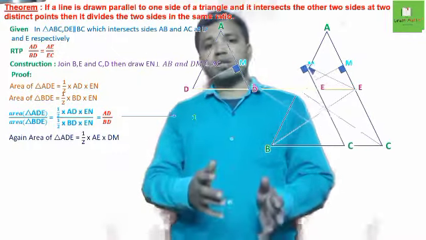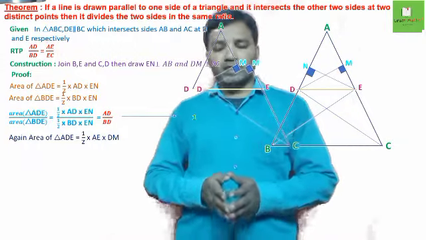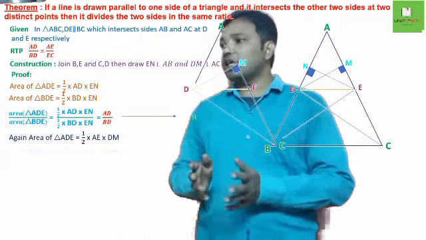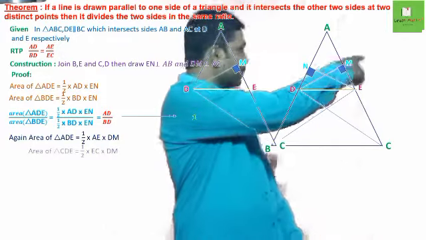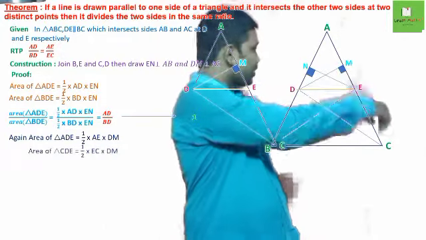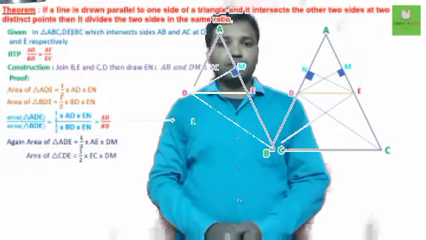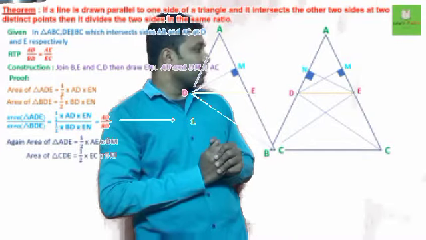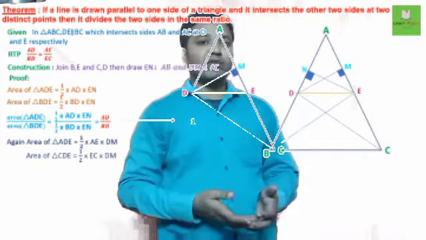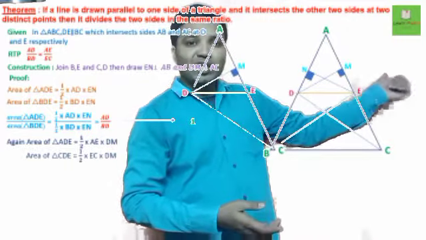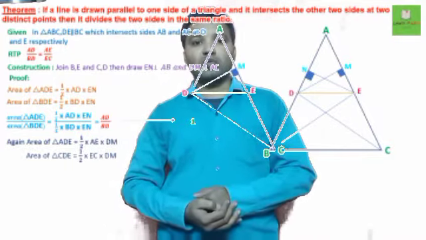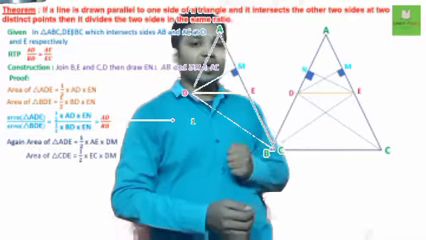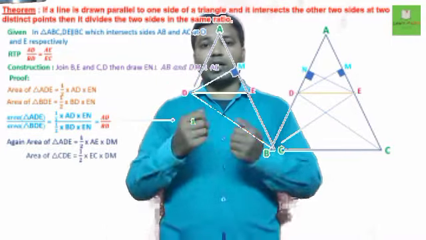Now consider the other triangle, which is drawn onto the line segment AC, that is, triangle CDE. I consider the base of the triangle as CE, or EC, and the height of the triangle as DM.